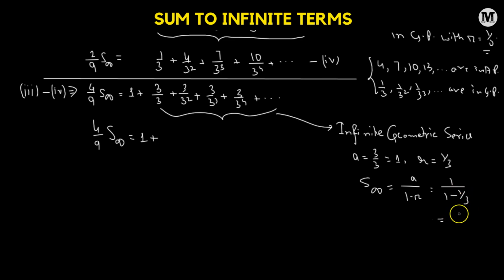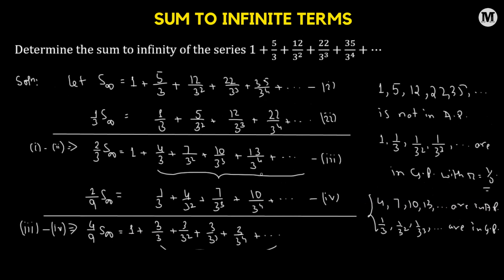Simplifying this, we get 3 over 2. Let's substitute here. So we get 1 plus 3 over 2. So 4 over 9 S infinity equals 5 over 2. So the sum of the infinite terms comes out to be 9 times 5, that's 45, divided by 4 times 2, that's 8. So that means we have 45 over 8 as the sum of the given infinite series.